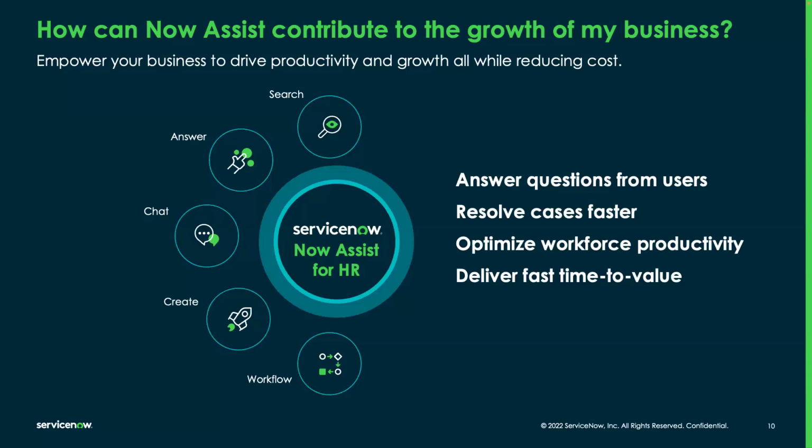And overall, it's increasing our process efficiency. So we're not having things fall through the cracks. We're delivering a better experience. So all of these benefits empower your business to drive productivity and growth while reducing costs.